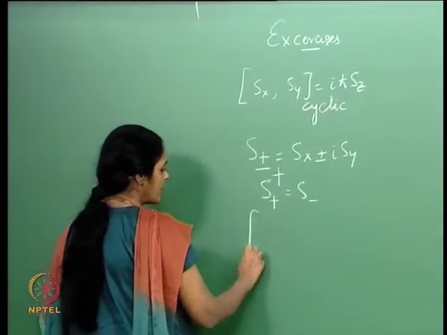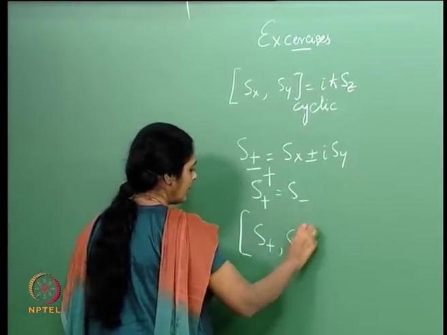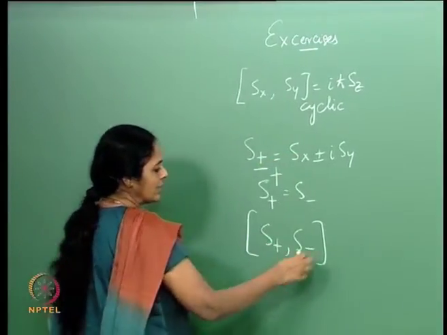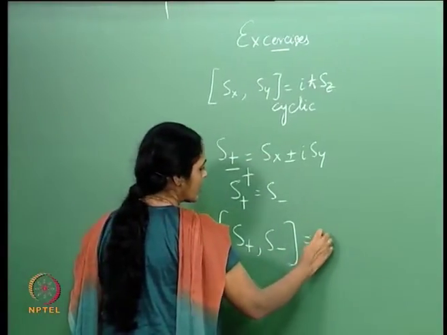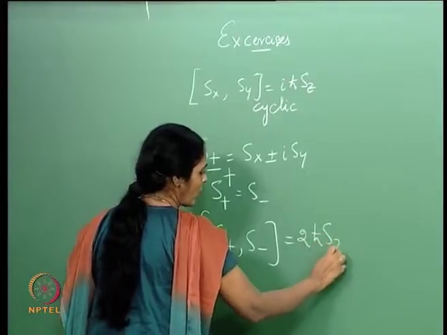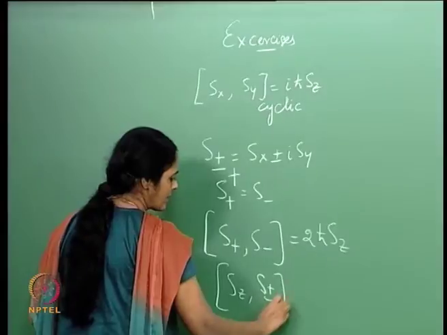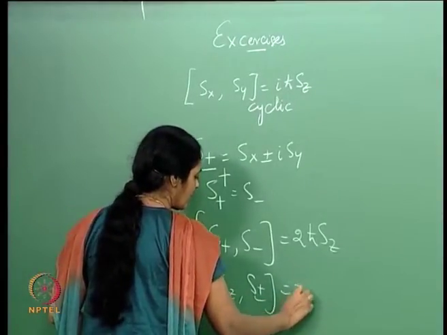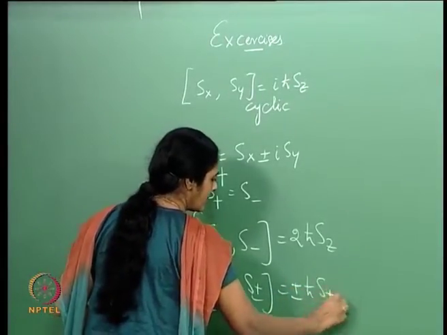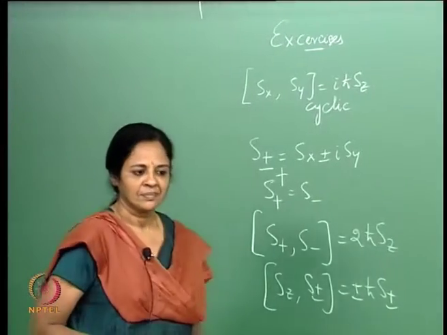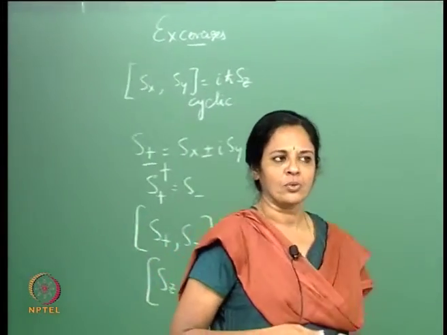In that case, the equivalent way of writing this algebra is the commutator of S plus and S minus is 2 h cross Sz, and Sz with S plus or minus is plus or minus h cross S plus or minus. So this is by way of recapitulation.